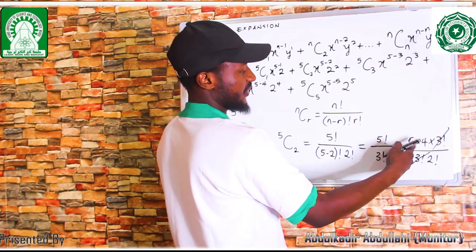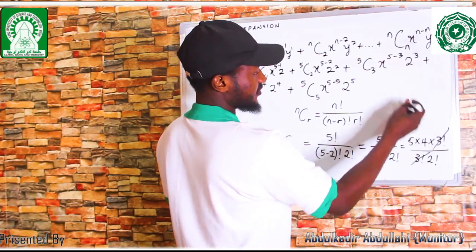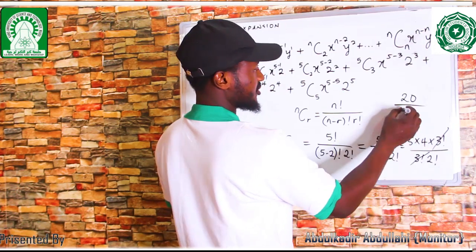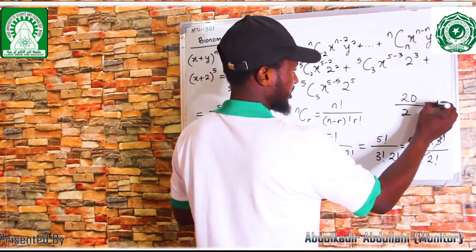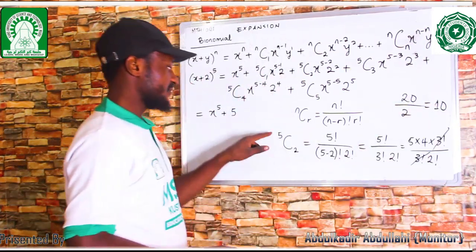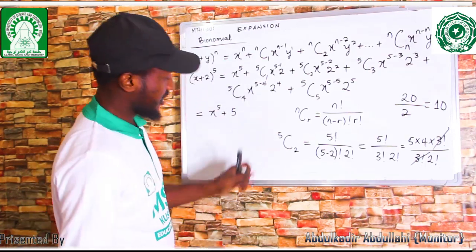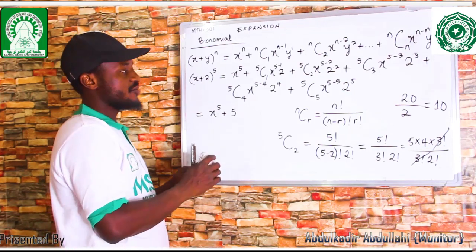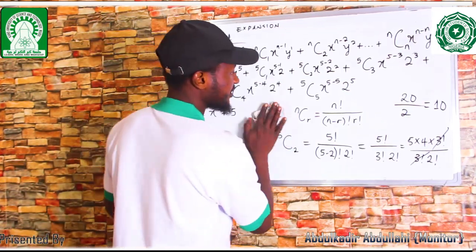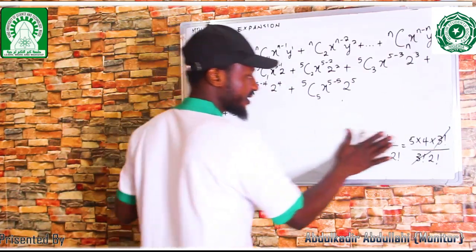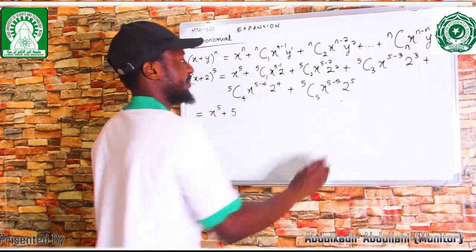We are going to have 5 times 4, which is 20, divided by 2 factorial, which is 2 times 1, which is 2, which equals 10. Therefore 5 combination 2 is equal to 10. But you can easily find a combination of any number using a scientific calculator. If you don't have a scientific calculator, then you use this method.